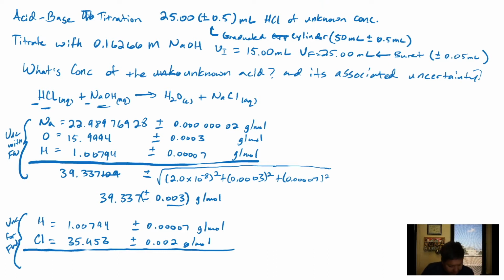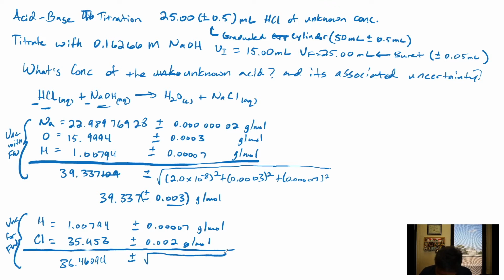So you add that together and you get 36.46094. I ran out of room here. I need to make it smaller. No, it's probably fine. We'll round it off after we get done with our calculation of the uncertainty. This one is a little bit shorter and easier.